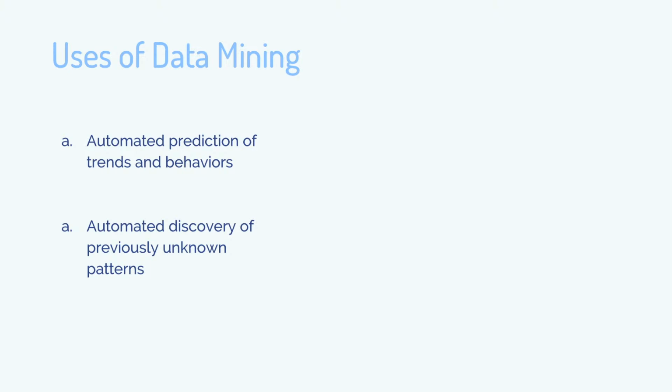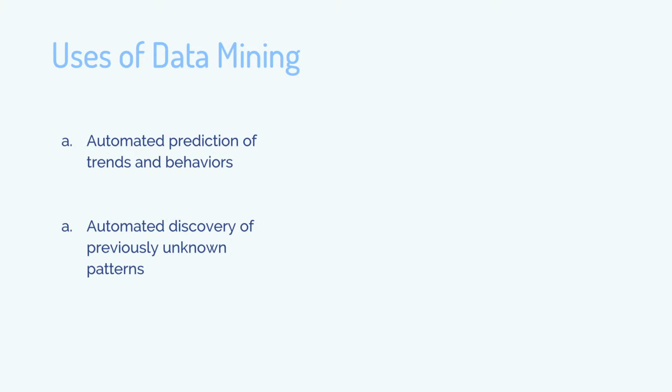Based on the automatic prediction of trends and behavior, if you are ordering a mobile phone, for example Redmi or Samsung, the e-commerce website will automatically suggest that you can buy these cases or a back cover. That is automated prediction of trends and behaviors. But the example I told you earlier, the red color t-shirt, is automatic discovery of previously unknown patterns.